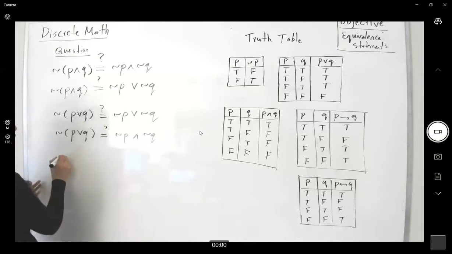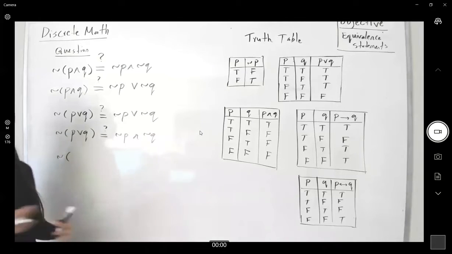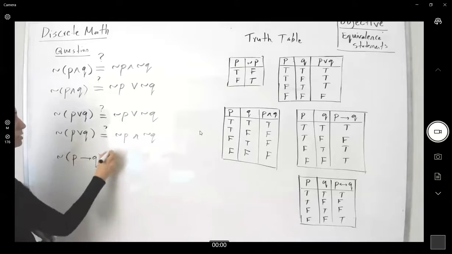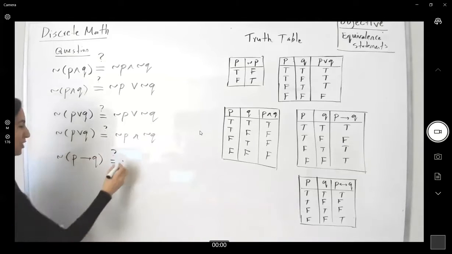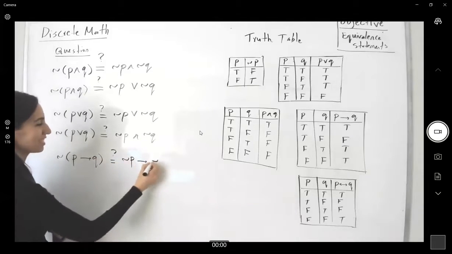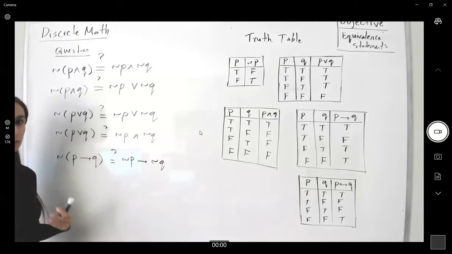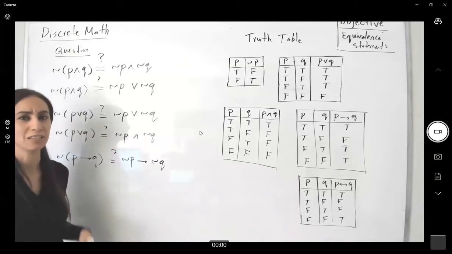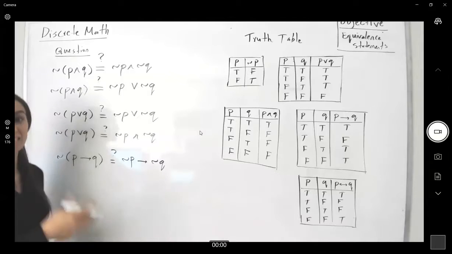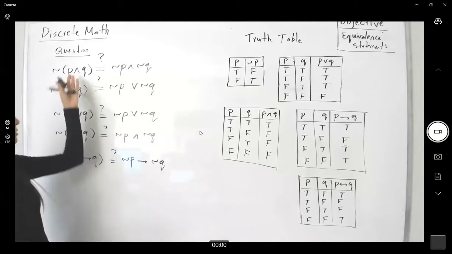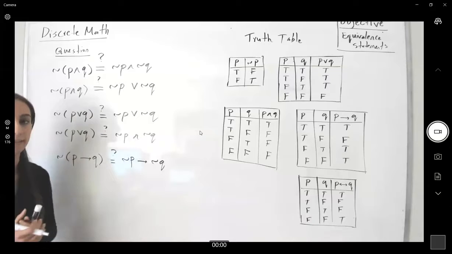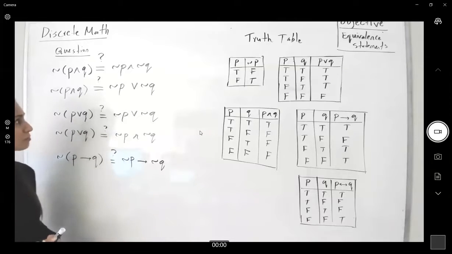Or what if I distribute the negation over implication? Well, is this guy equal to not P, then not Q? These are the questions that you should be asking. What if I distribute negation, not, this is not the case that, and this is not the case that, or this is not the case that implication.